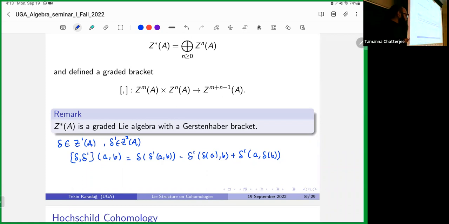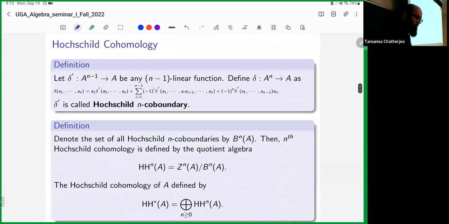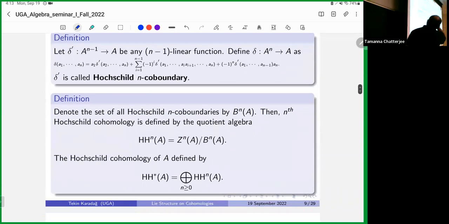And with this structure, this part is a graded algebra. So now we can define the Hochschild cohomology. Let's say we have delta prime from A^(n-1) to A, an (n-1)-linear function. And then we define delta as in this formula.